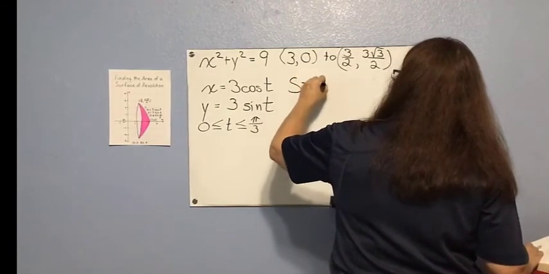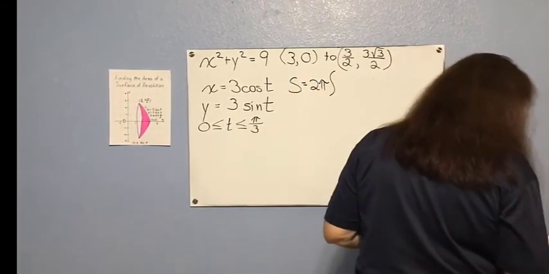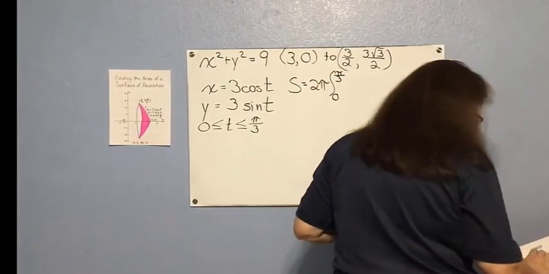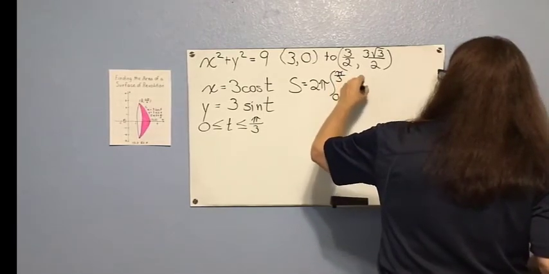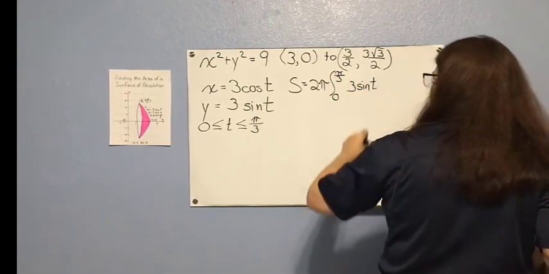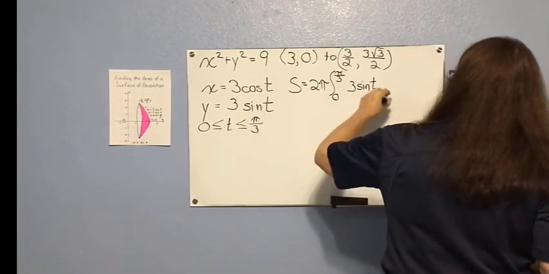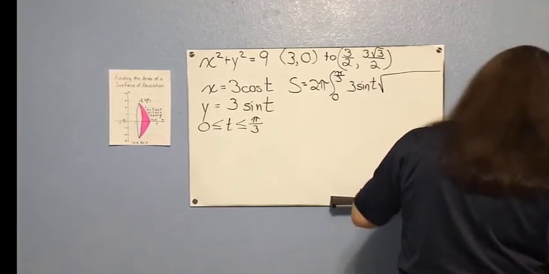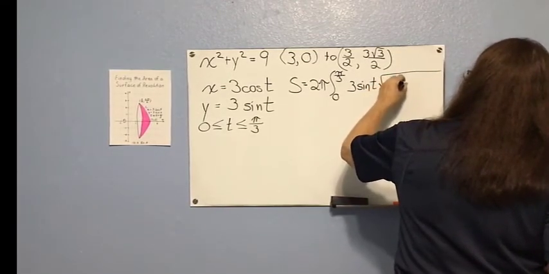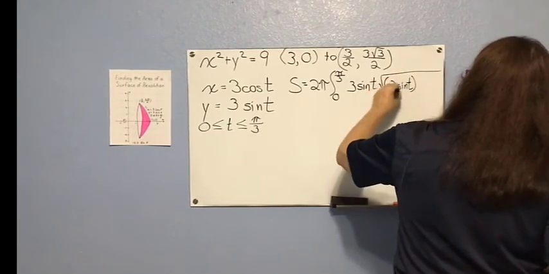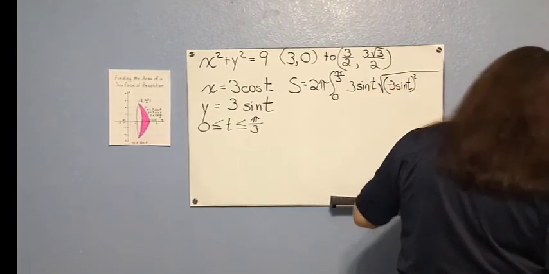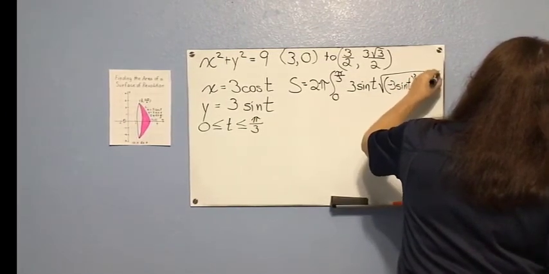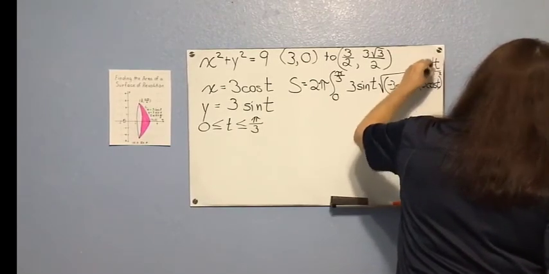S is equal to 2 pi times the integral from 0 to pi over 3 of sine t, so that was our g of t, times the square root of negative 3 sine t squared plus 3 cosine t also squared dt.